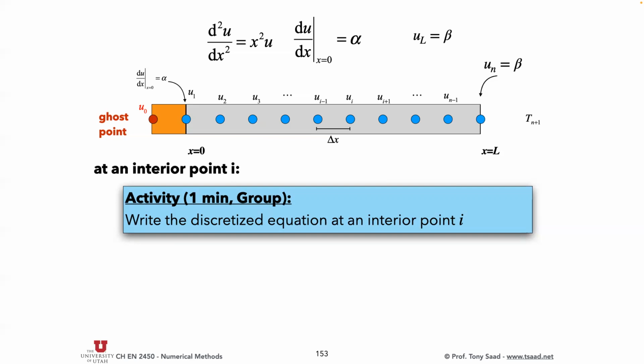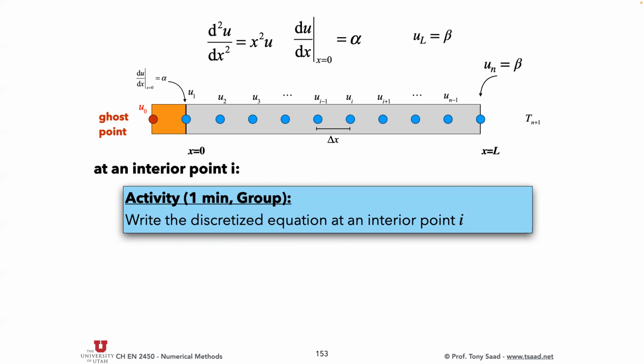Then I substitute the second derivative with its approximation at an interior point i. So that's ui minus 1 minus 2ui plus ui plus 1 over delta x squared equals xi squared times ui.